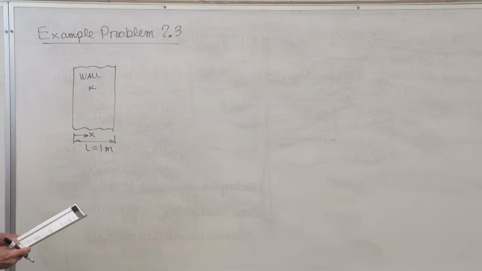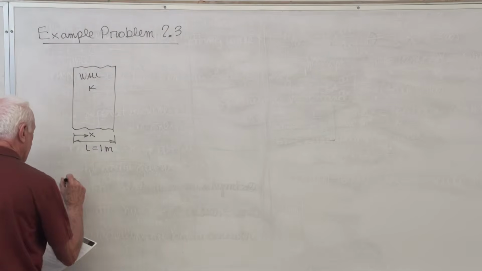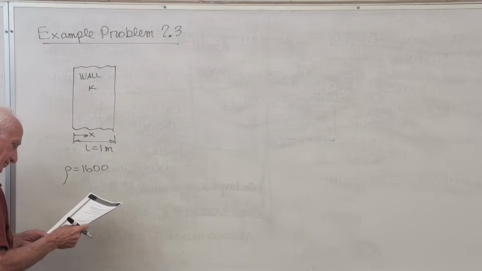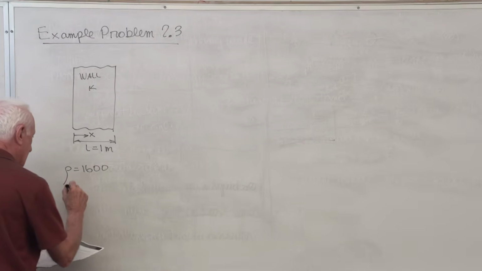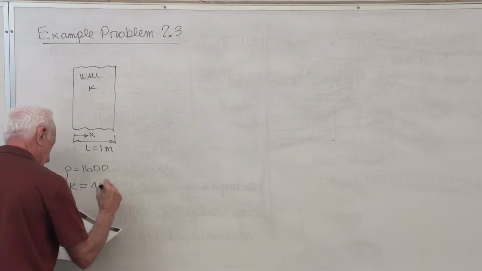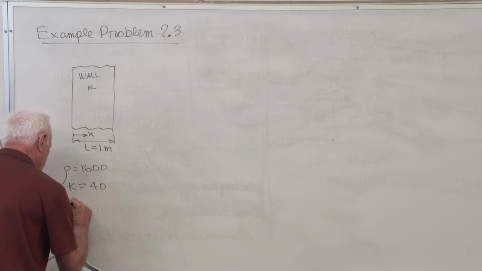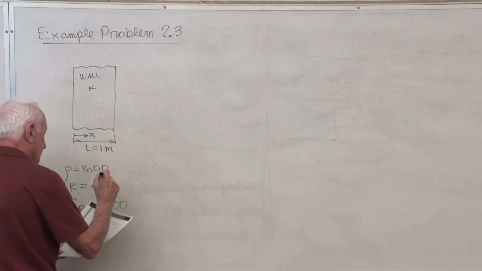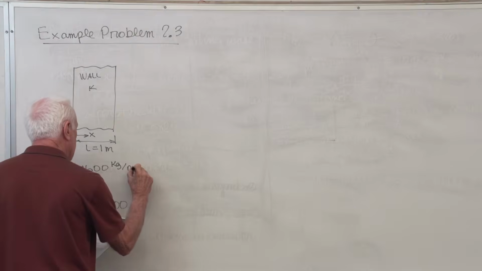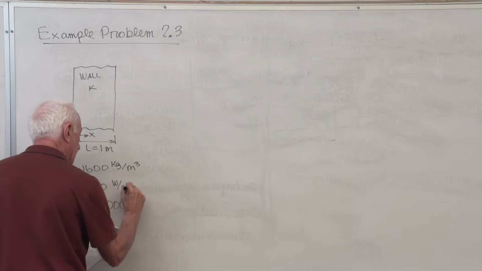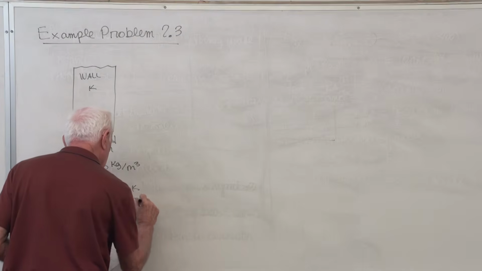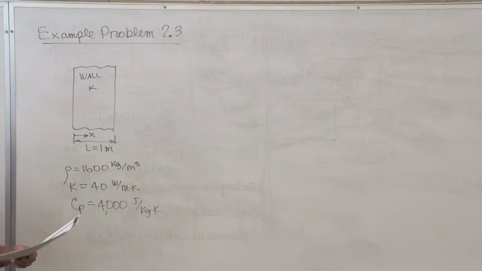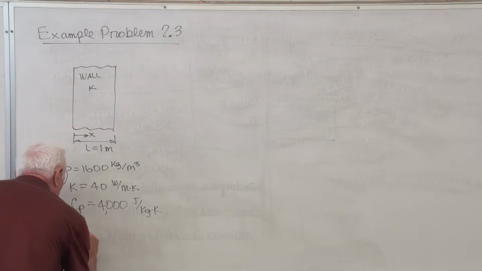And we're given the wall properties: density 1600 kilograms per cubic meter, K is 40, C sub P is 4,000. We're also given there's some heat generation in the wall. There's Q dot, Q dot is 1,000.